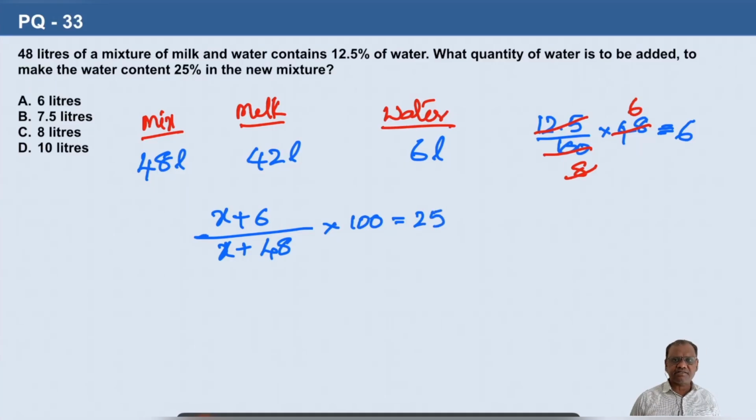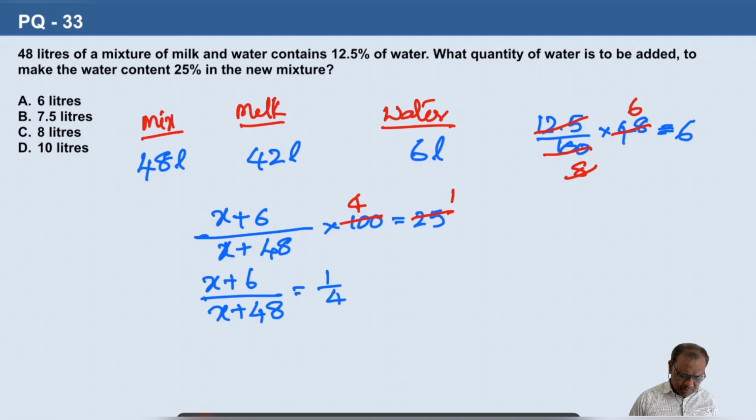Simplify this and find the x value. That gives the water to be added. So 25 ones, 25 fours. So x plus 6 by x plus 48 is equal to 1 by 4.